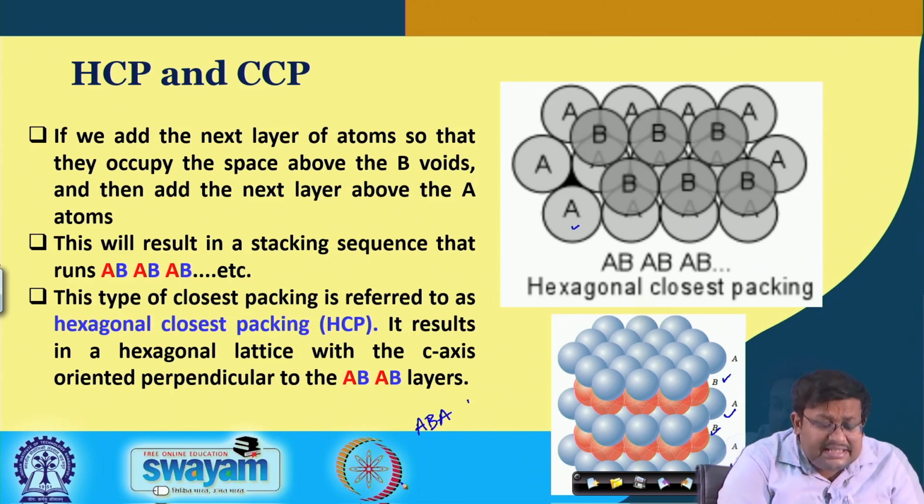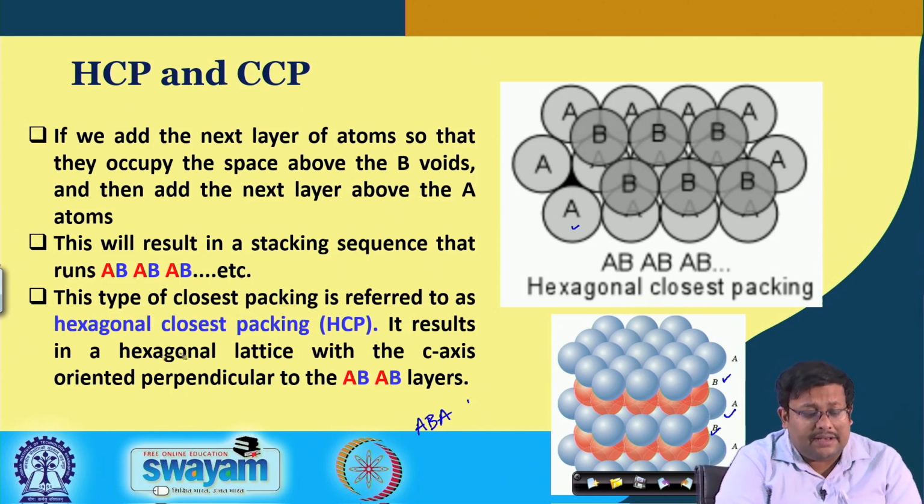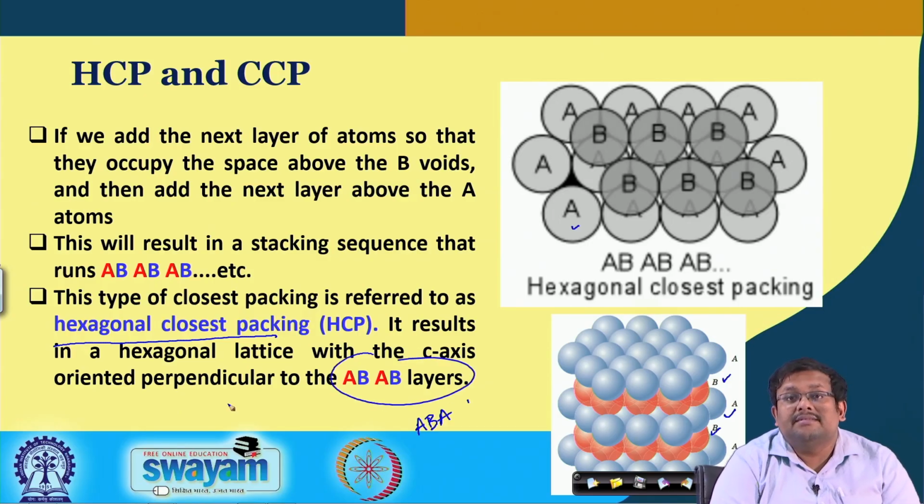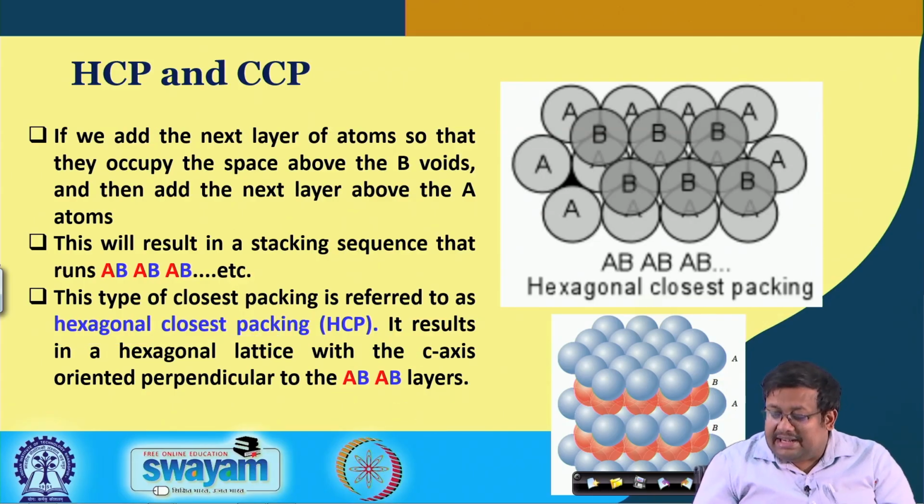So, this type of closest packing is referred to as the hexagonal closest packing or HCP. It results in a hexagonal lattice with the C axis oriented perpendicular to the AB layers. So, this is one of the ways of producing this 12-fold coordination, that is hexagonal closest packing.